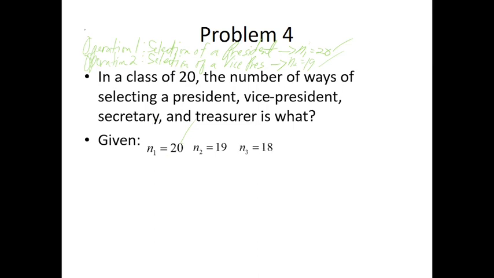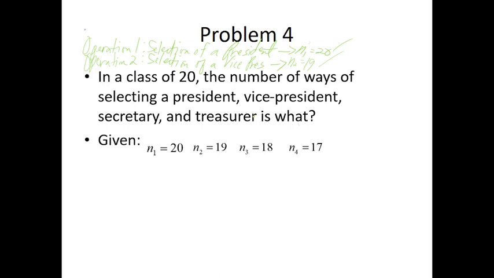Selection of a secretary. And then 17 for the treasurer. So 20 minus 3, 17 for the treasurer. Considering the fourth operation, selection of a treasurer.